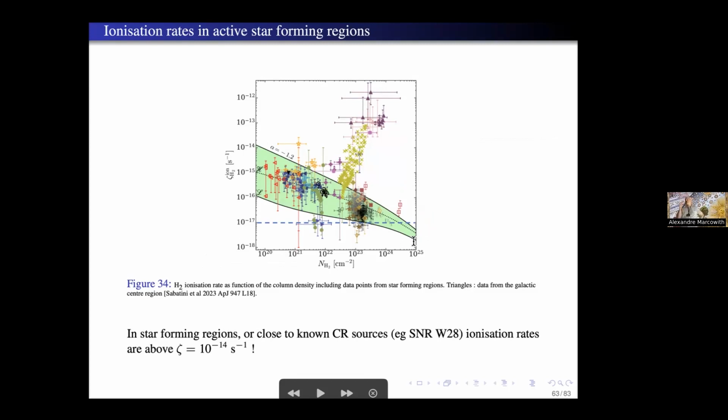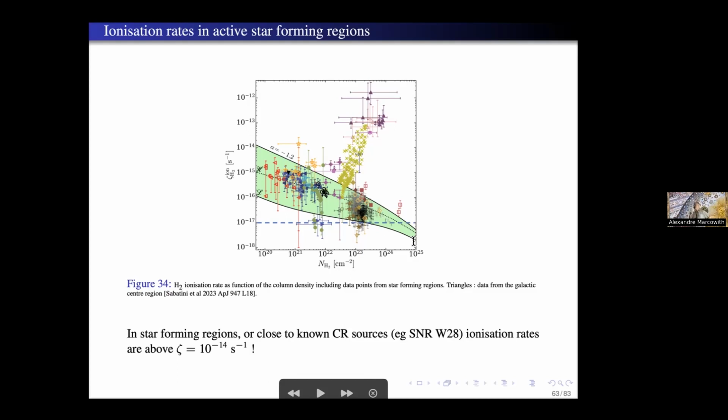But this is not the only point. If you look at a star-forming region, these are more or less regions where you do not have a lot of stellar activity. But if you look at the ionization rate in a stellar active region, you end up with ionization rates several orders of magnitude above that, up to 10 to the minus 12 in the center of our galaxy.